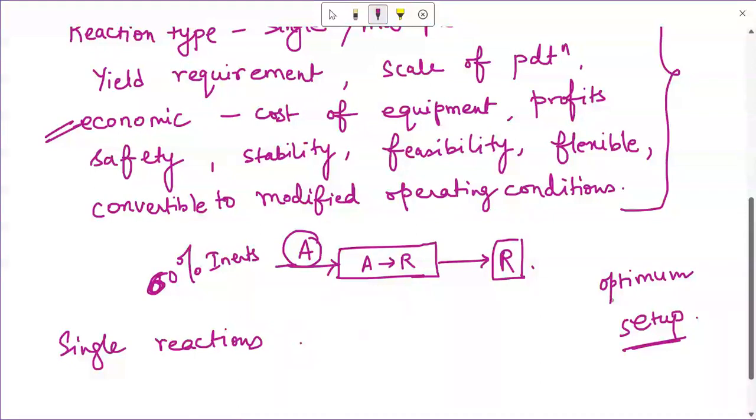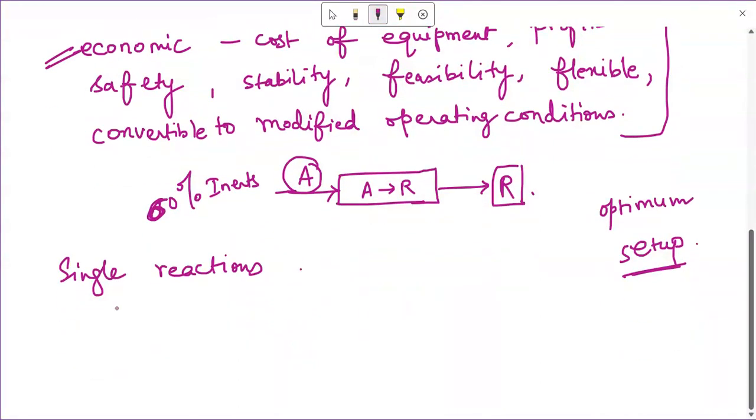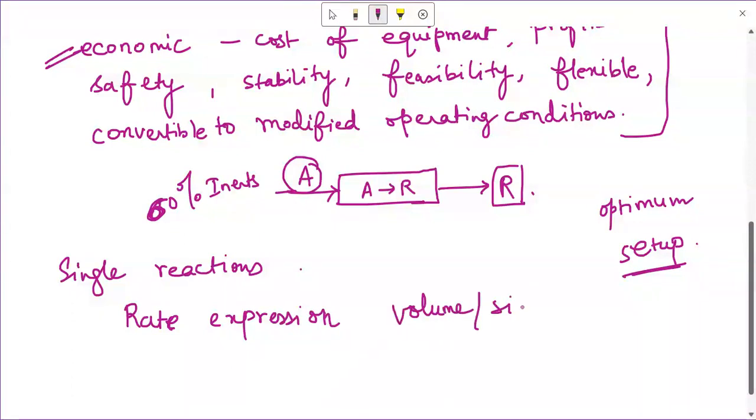And we are going to assume that there is only this one rate expression which is sufficient for describing the entire system. Okay, and this brings simplicity to the problem, because we can then just focus on the volume or size of the reactor.